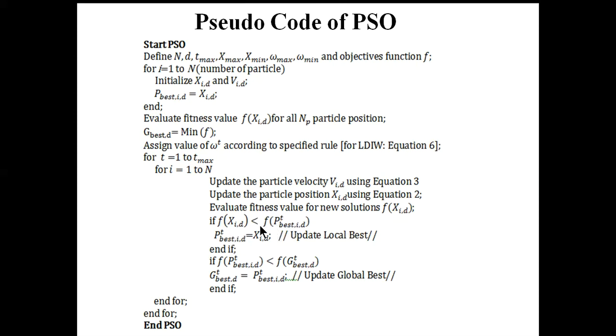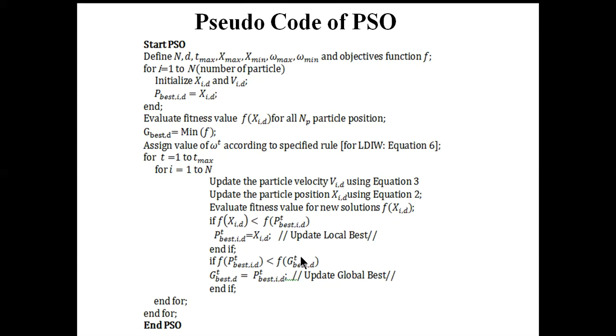That means p best id should be xid. And so we end the if loop. Now if the fitness value for the local best solution is better than the fitness value for the global best solution, we need to update the global best as global best equal to p best id. So we need to first update the local best.